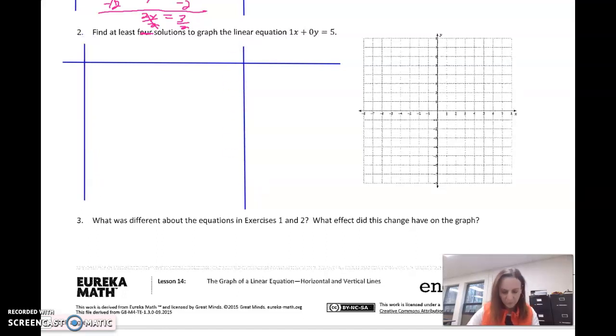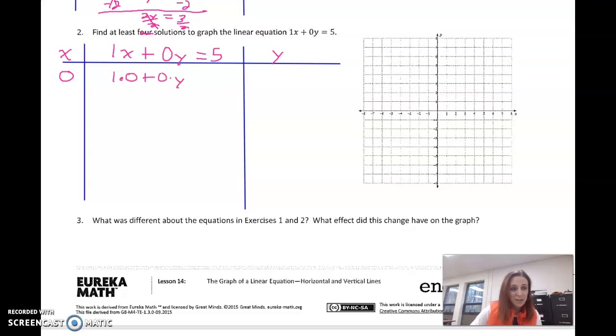All right, so this time it's 1 times x plus 0 times y equals 5, and then we get our y terms out. So let's put a 0 in. I'm going to go 1 times 0 plus 0 times y equals 5.